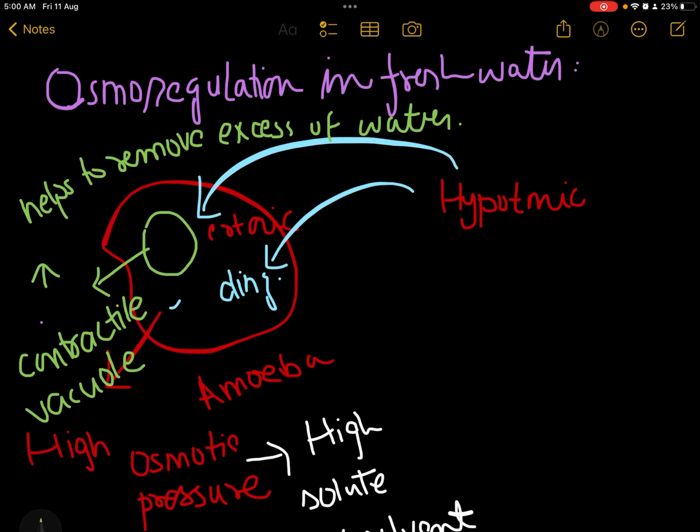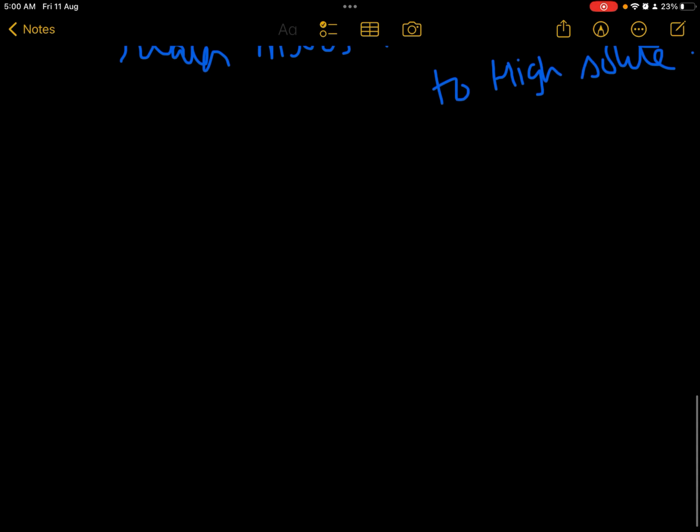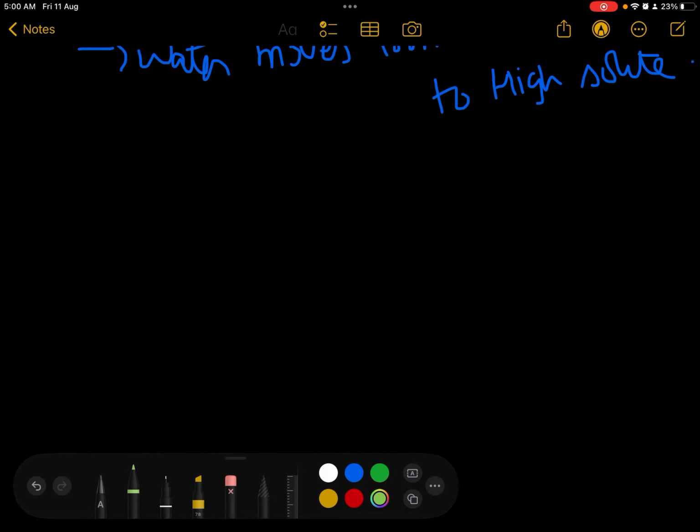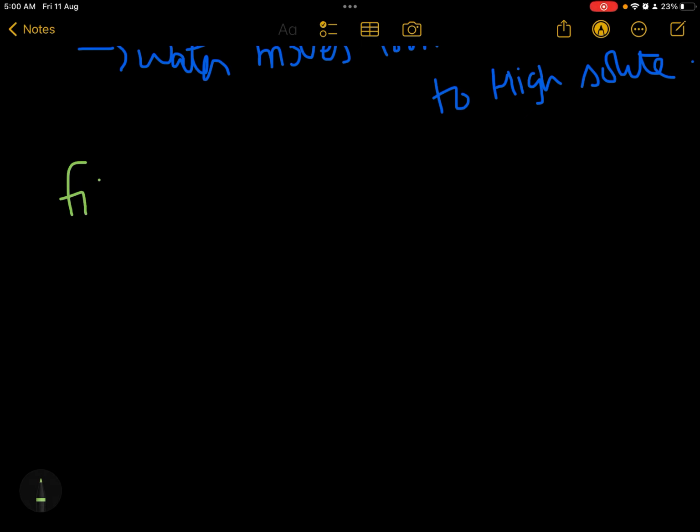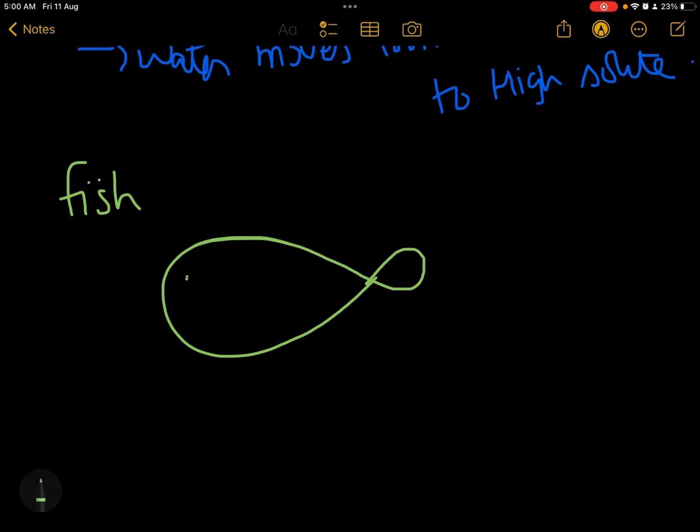Then the next organism which we have is fish. Consider this is a fish, and as I said, this fish is in a hypotonic environment.